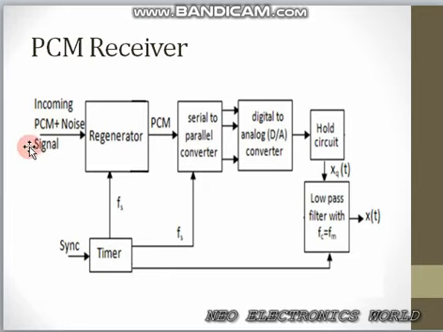The incoming PCM plus noise signal will be passed through the regenerator and we'll get a PCM signal. Here the encoded signal gets decoded, the serial to parallel converter converts the data again to parallel, and then the digital data is converted to the analog signal, the previous signal that was transmitted. Then with the help of the digital to analog converter as well as the sampler, that signal will be restored and finally passed through the low pass filter, and we will get the original signal.